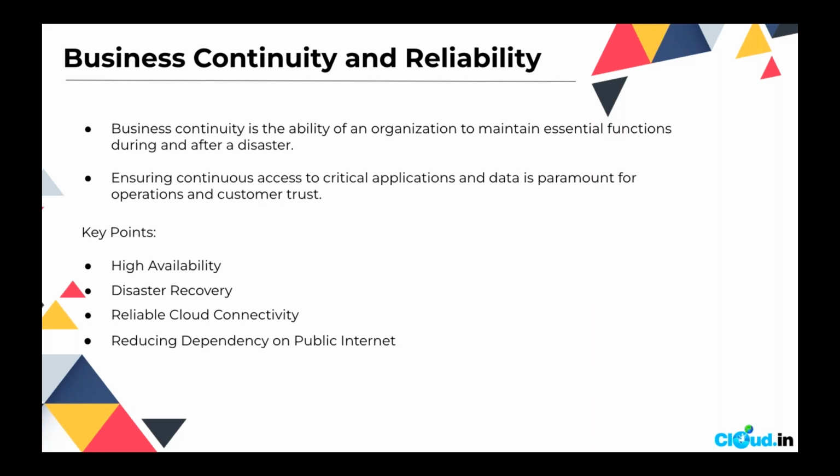Now coming to the dedicated connection points, these are the key points I have highlighted. Basically, high availability, because your infrastructure needs to be highly available. Let's say if any disaster happens in future, your infrastructure needs to be scalable as well as highly available in that particular region or at a particular infra level.